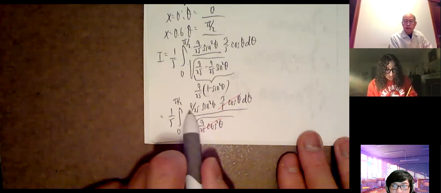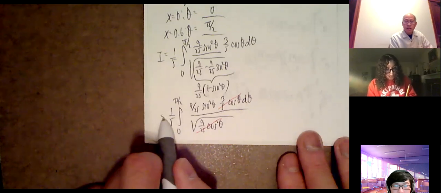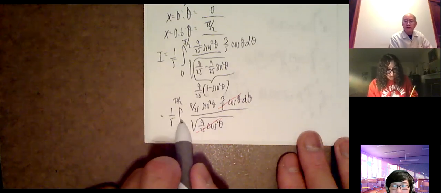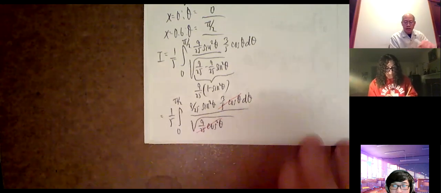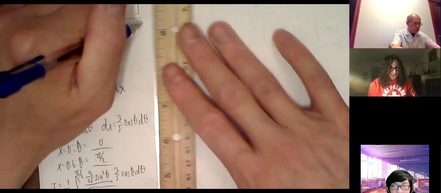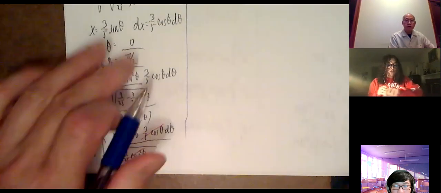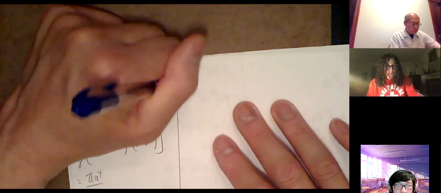Okay, so let's see, 9 over 25, make it join this. So that's going to be what? 9 over 125 sine squared theta. Okay, so what do I have? 9 over 125 sine squared. Some pretty weird numbers here.